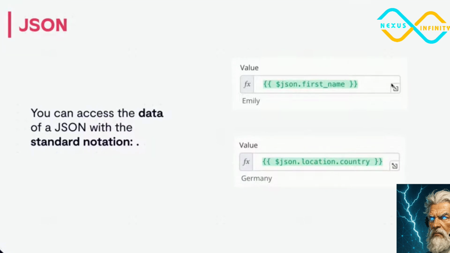For embedded JSONs, we can use multiple dot notations in a row. Here, to get the country, we can write $JSON.location.country, $JSON.location being itself a JSON on which we use the dot notation to get the value of its key country.